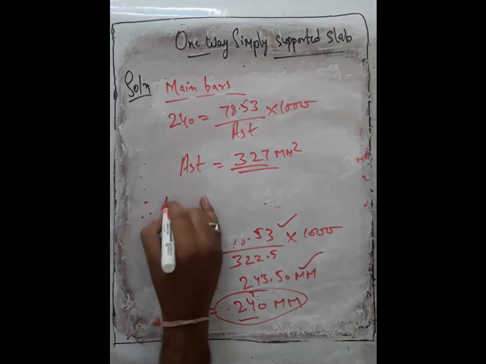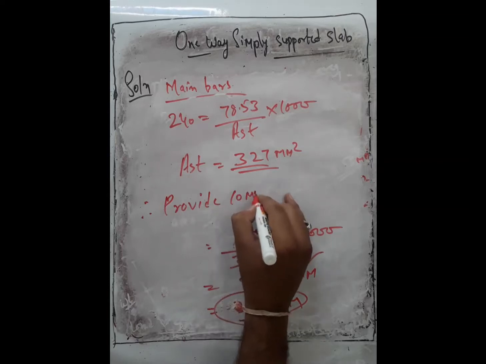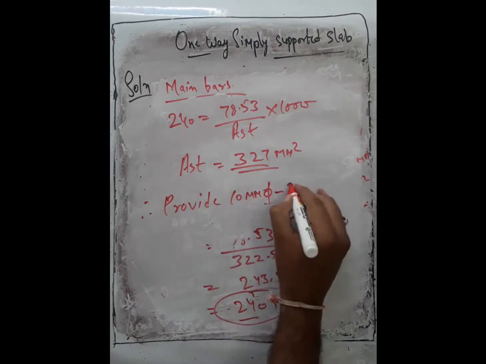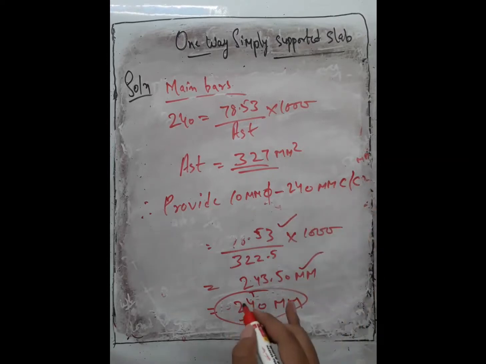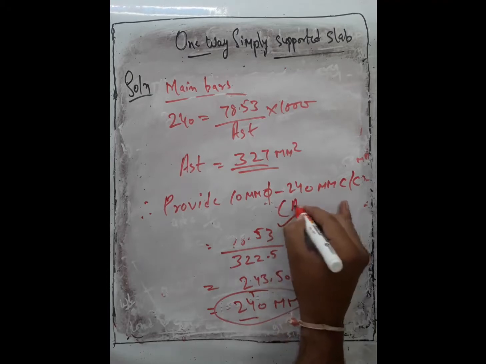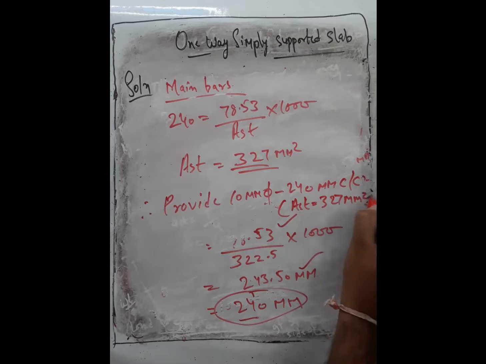So we write in this way: provide 10 mm bar of 240 mm center to center spacing, and if you mention, then mention total AST is equal to 327 mm square.